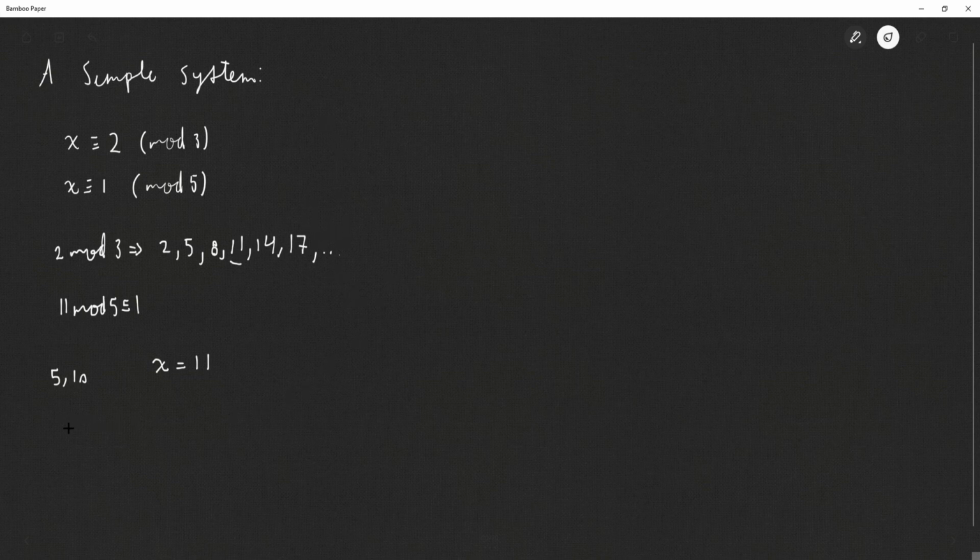So the full solution would be x is congruent to 11 modulo 15. We can write it a different way as well, because any number of the form 11 plus 15k will satisfy both congruences. This is known as the CRT in its simplest form.